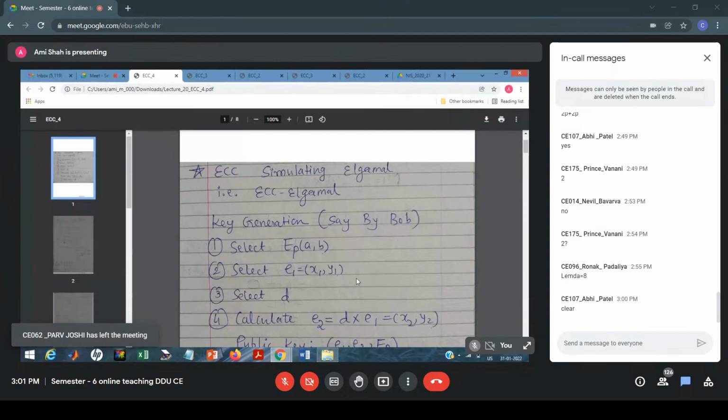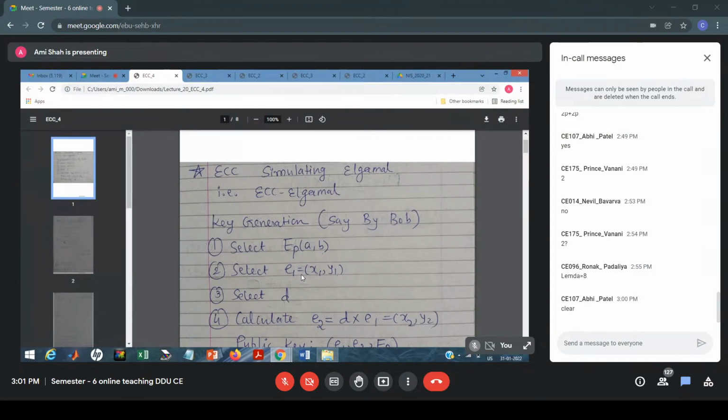Now, first of all, what is the first step of key generation? Bob chooses an elliptic curve E_p(a,b) over a Galois field P. Then the next point is that Bob chooses a point on the curve, let's say E1 is some point on the curve.